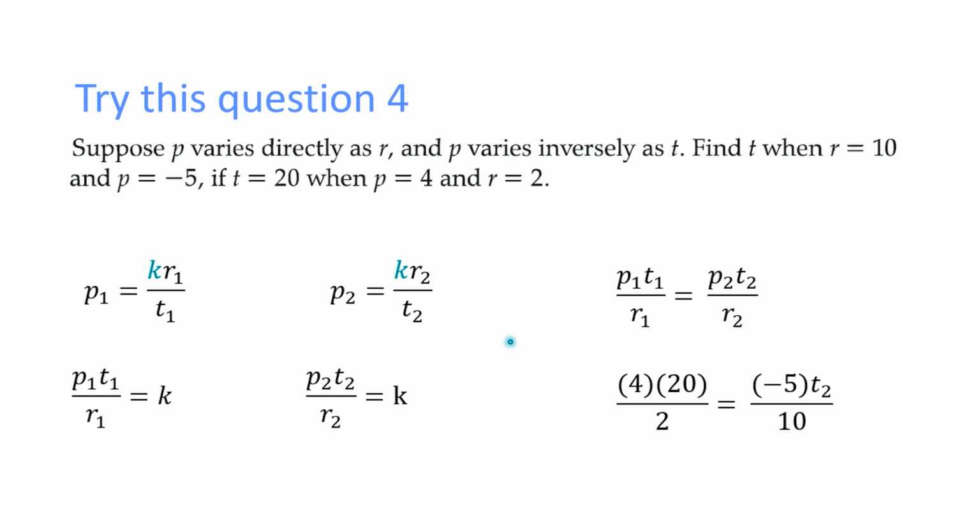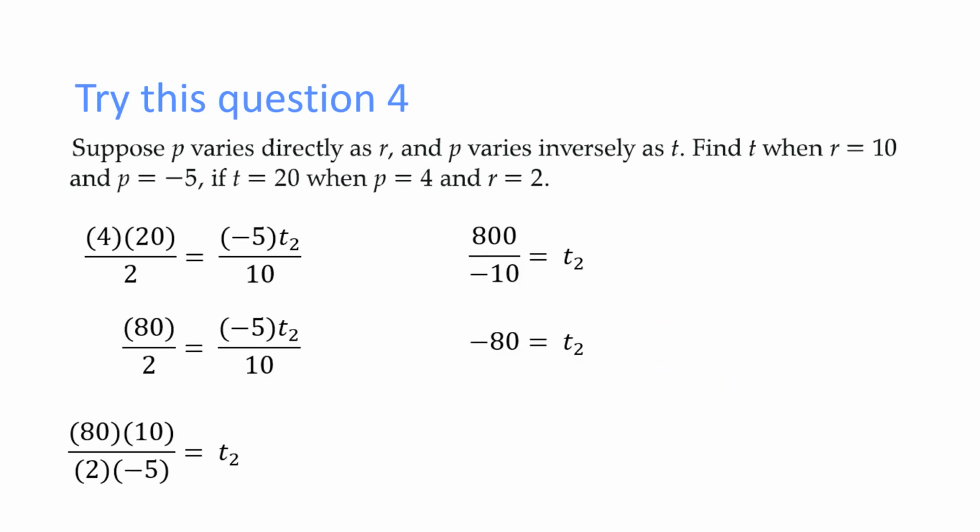Then you would substitute the correct values. After substitution, you would cross multiply and simplify, like you've seen in example 4, to work out the value of t2 in this case, which is -80. If you need more help, please watch example 4 again.